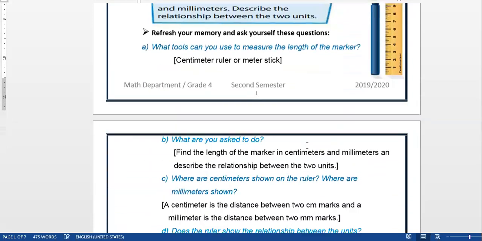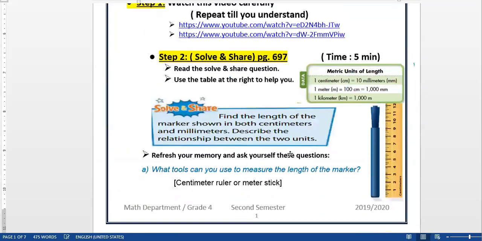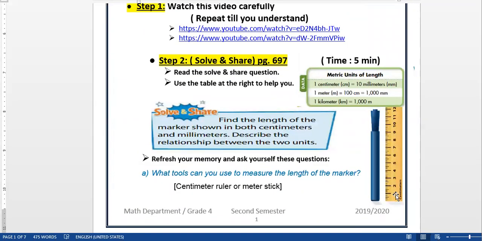Okay, and where are centimeters shown on the ruler? Where is the millimeter? The centimeters are shown here: 1, 2, 3, 4, 5, 6, and so on. The millimeters are shown by these tiny lines: 10, 20, 30, 40, 50, 60.